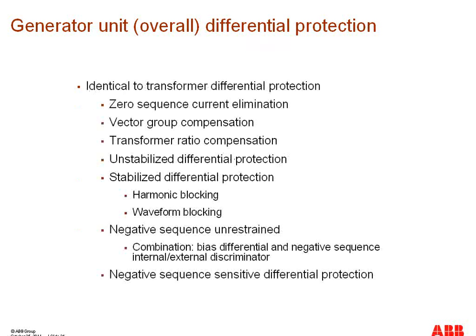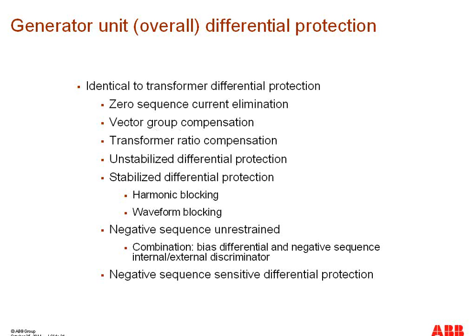When it comes to transformer differential protection, we have to take care of the zero sequence current elimination. We have to take care of the vector group compensation and transformer ratio compensation.